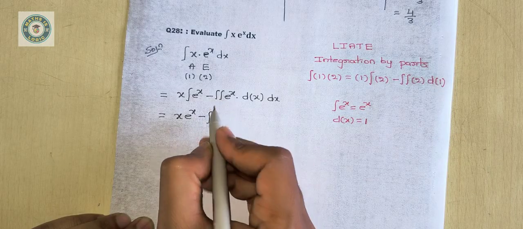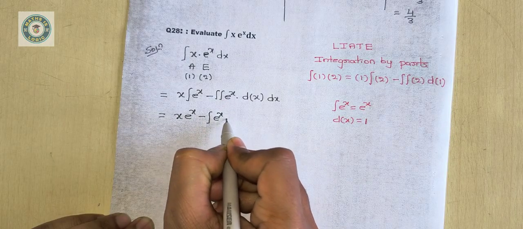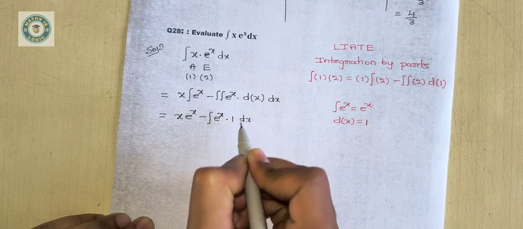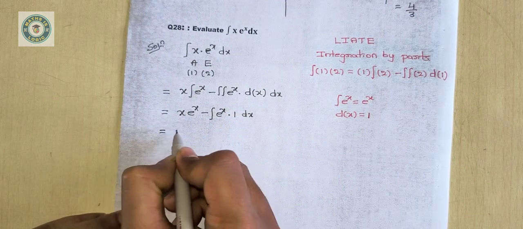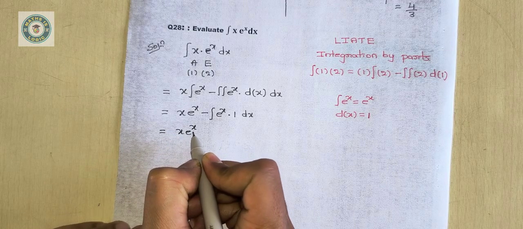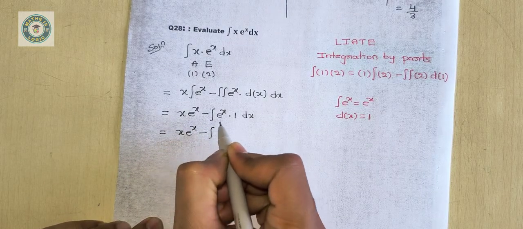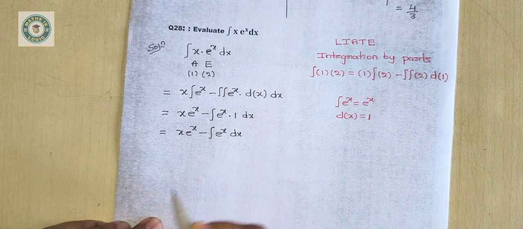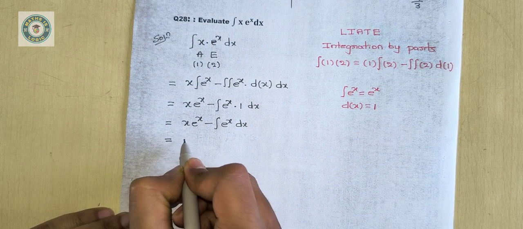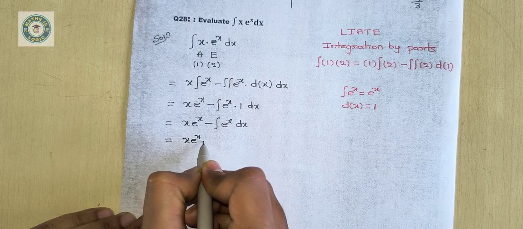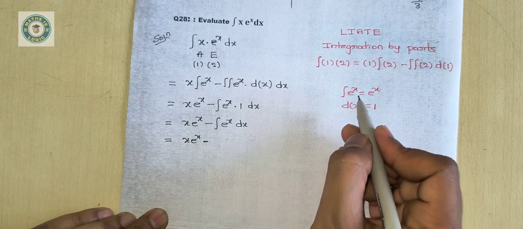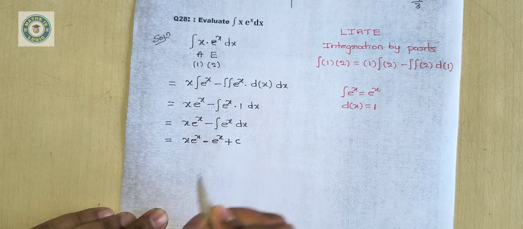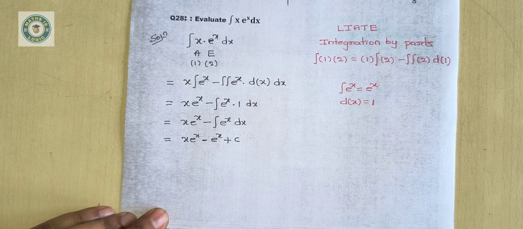Next integration of e power x becomes what, e power x into differentiation of x is how much here, 1, with respect to what here, dx. So next x into e power x as it is, minus integration of e power x into 1 is what, e power x with respect to dx. Therefore the final answer is x e power x minus, again integration of e power x is what here, e power x, then commonly write what here, plus c. So this is the final answer.